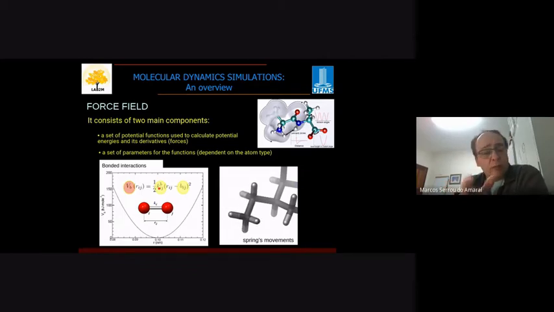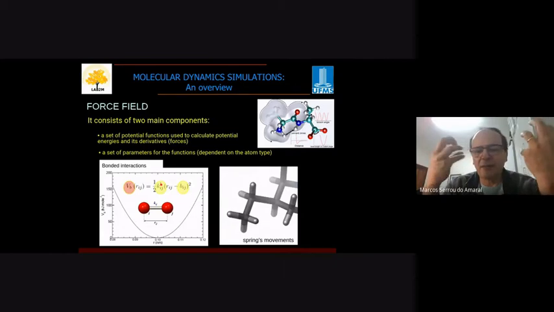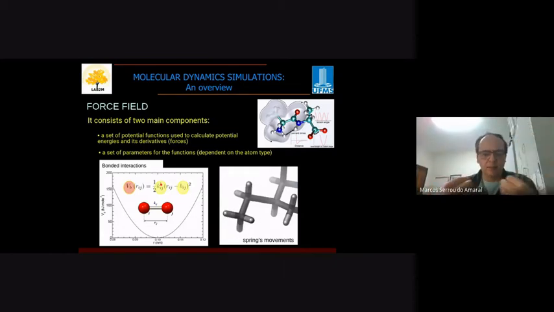When you have a spring, you have 2 parameters, in yellow here. This one is about how hard the spring is or not. For example, if you have a carbon and carbon, you have a kind of spring between these atoms.